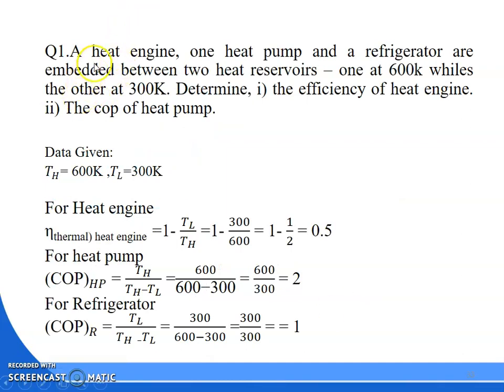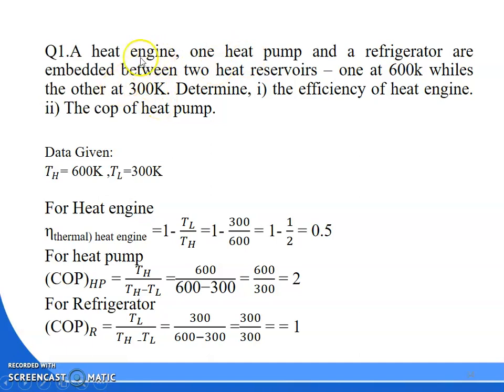So next we will discuss some problems. A heat engine, a heat pump and a refrigerator are embedded between two heat reservoirs, one at 600 Kelvin while the other is at 300 Kelvin.